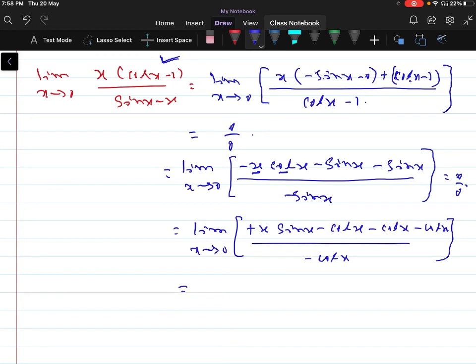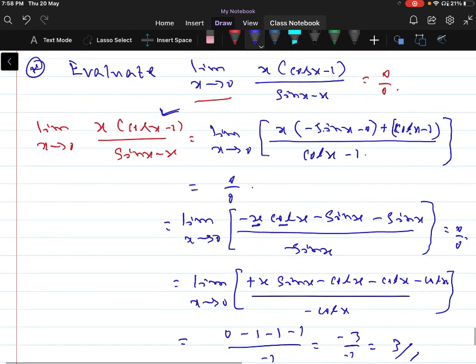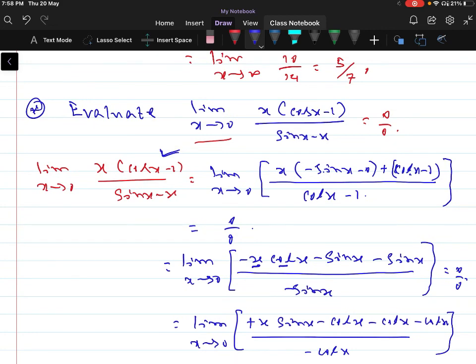Now let us apply the limit as x approaches 0. Here 0 into sin 0 is 0, minus cos 0 is 1, minus cos 0 is 1, minus cos 0 is 1, divided by minus cos 0 is 1, minus 1. That is equal to minus 3 by minus 1, that is equal to 3. So 3 is the limit of the given function when x approaches 0.